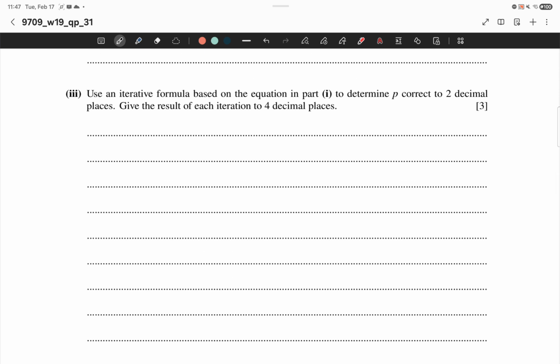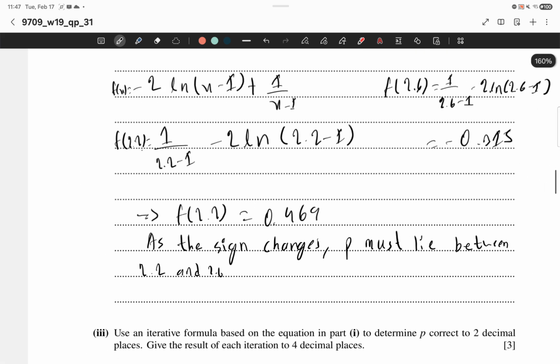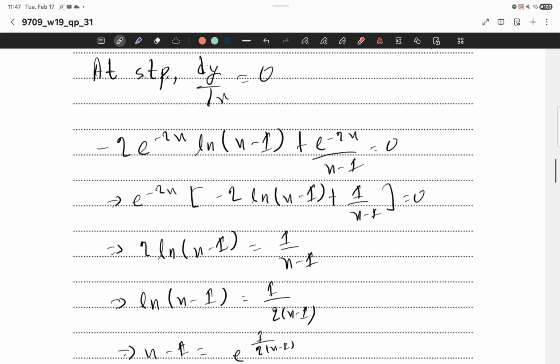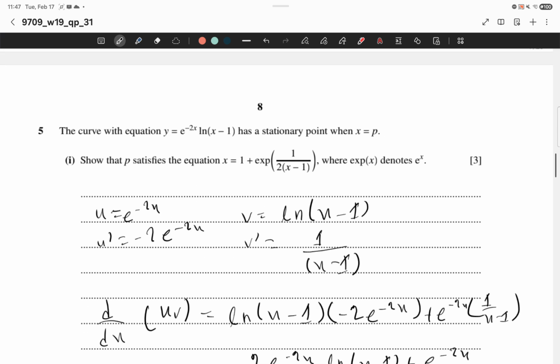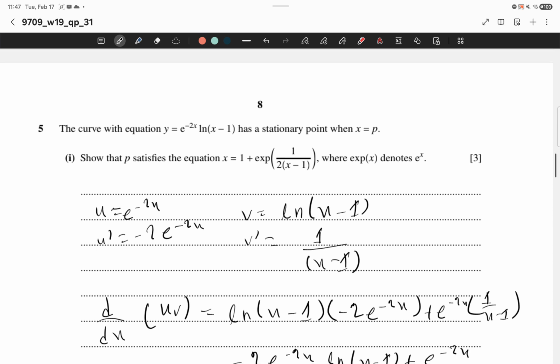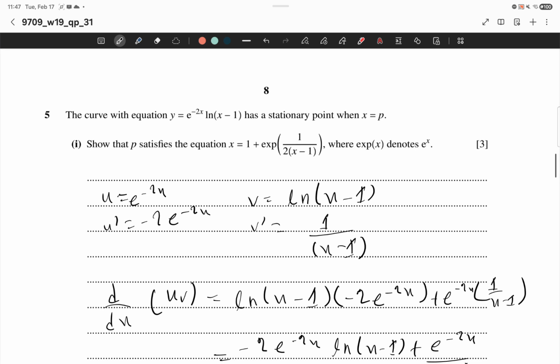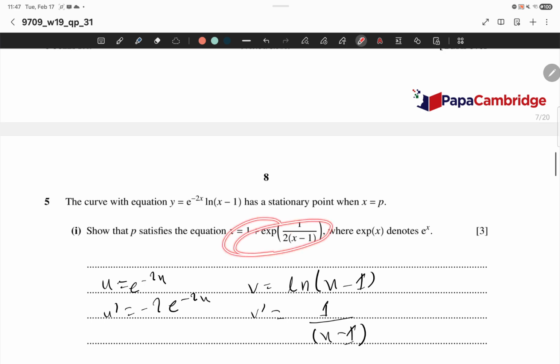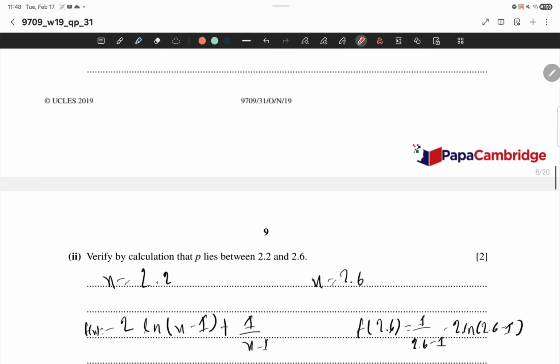So let's write the equation first. Yes, this is the equation, right? I guess this is the equation that we are supposed to use this on. Let's see.